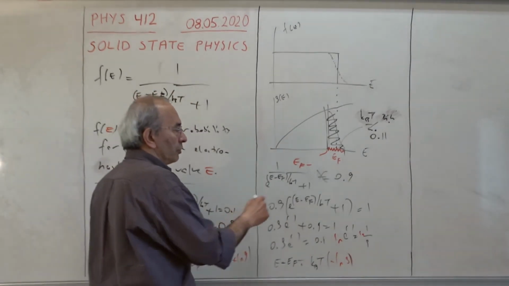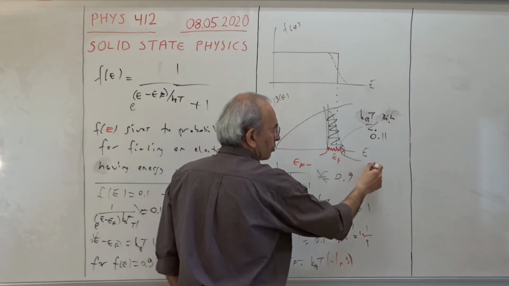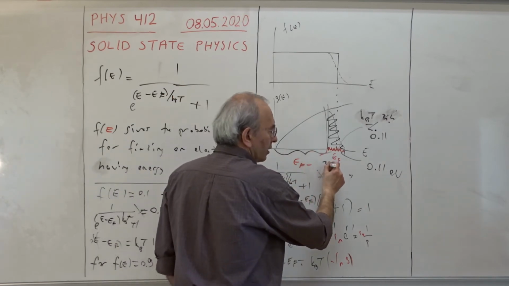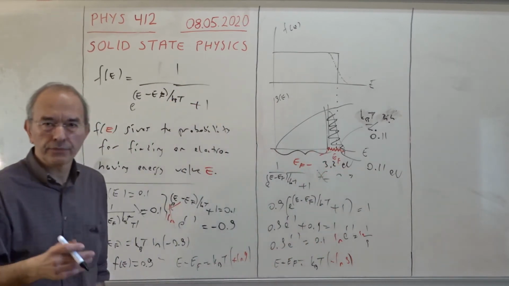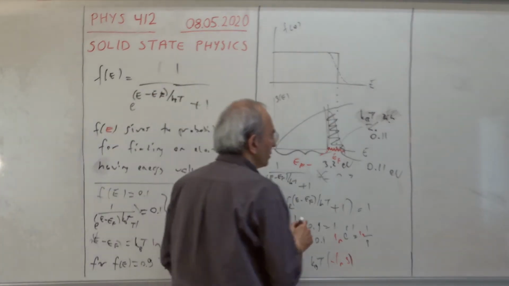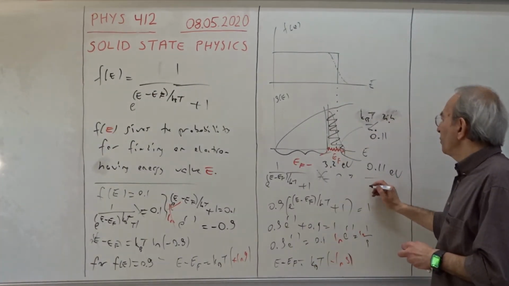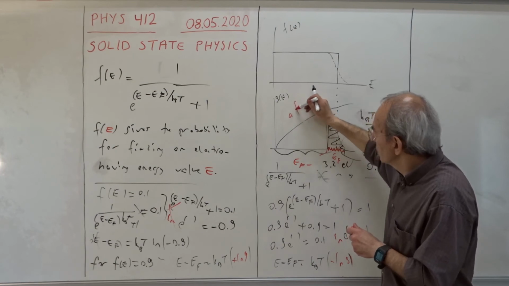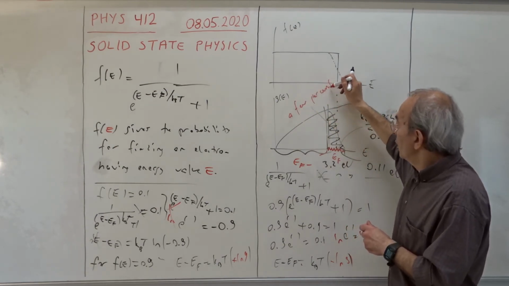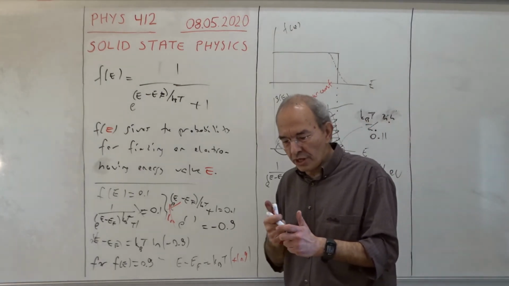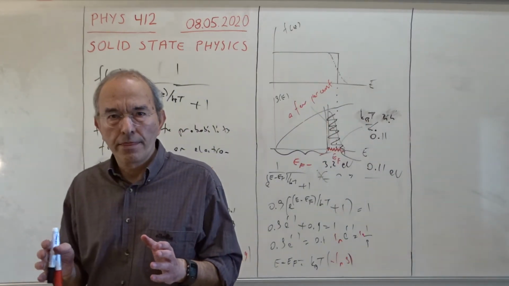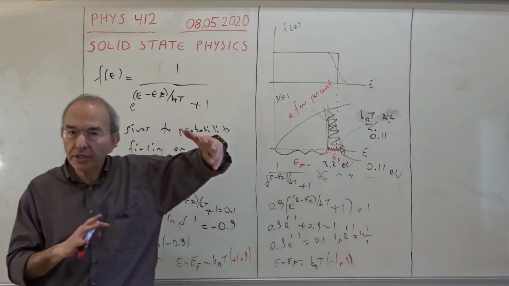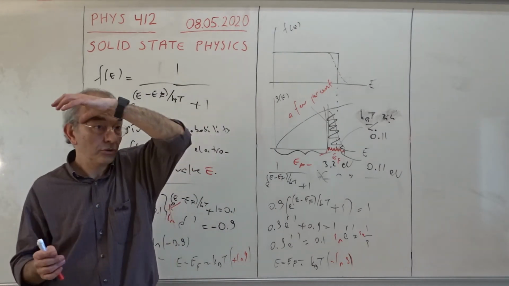How do we know? Because this part corresponds to 0.1 electron volt. But what is this value of EF? It is, for instance, 3.2 electron volts for sodium. So it is around that part, and this part corresponds to a few percent. The more important ones are creating the conductivity, for instance thermal, also the specific heat.